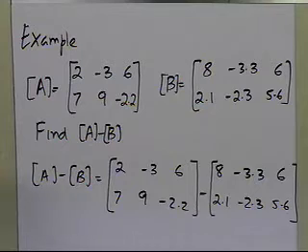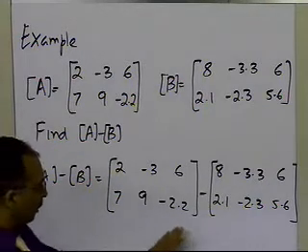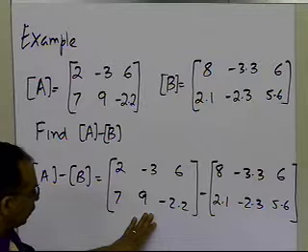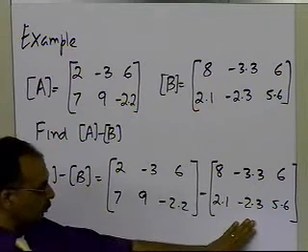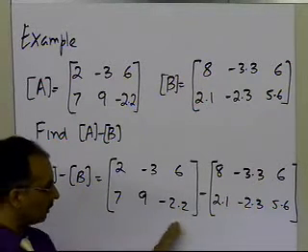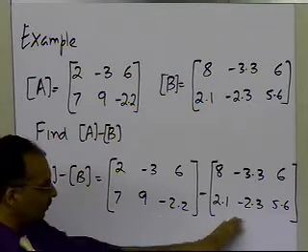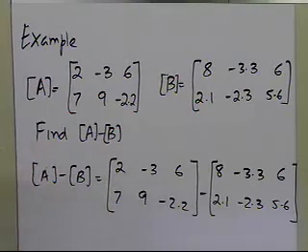Again, I'm able to subtract the two matrices because this matrix is 2 rows, 3 columns, and this matrix is also 2 rows, 3 columns. That's the only reason why I'm able to subtract the two matrices, because the size of the matrices is the same.